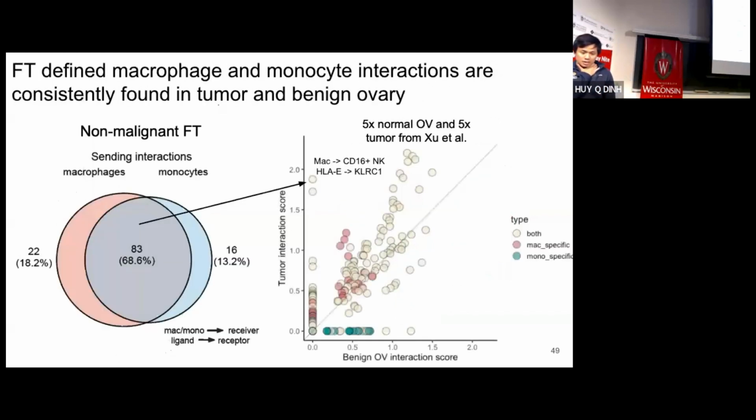And one of the things that Josh did is he identified the interaction of monocyte and macrophage with other cell types. And what he found is they largely overlap. 83% of them are similar, and that's not surprising because they are both monocytic genes. Recently with single cell, we appreciate that more.